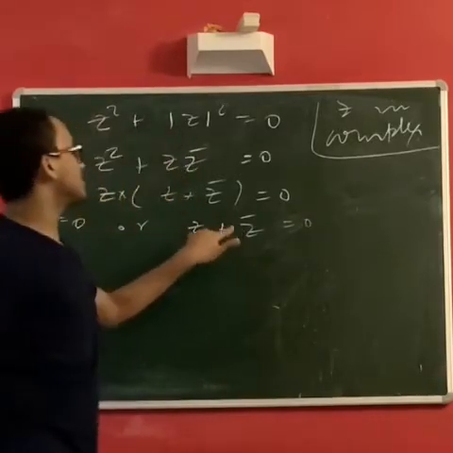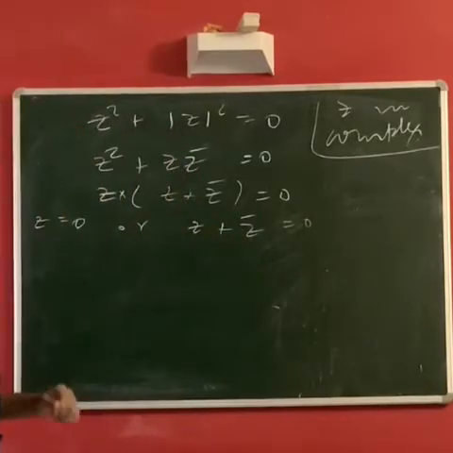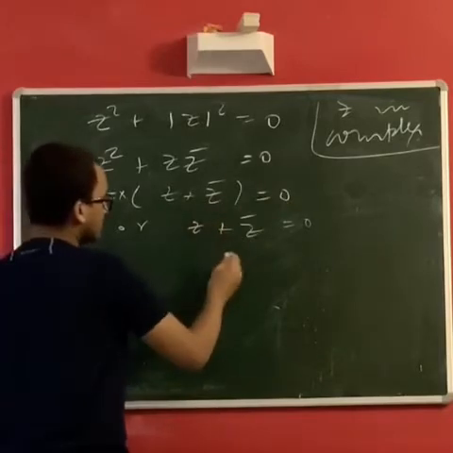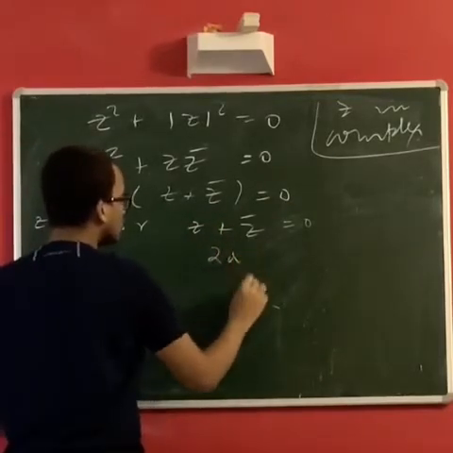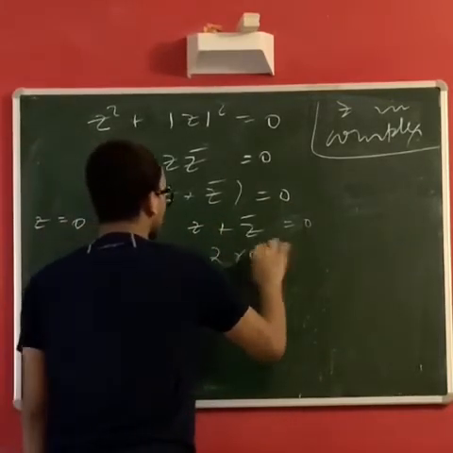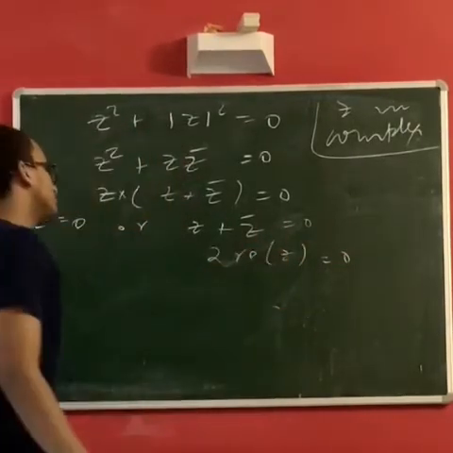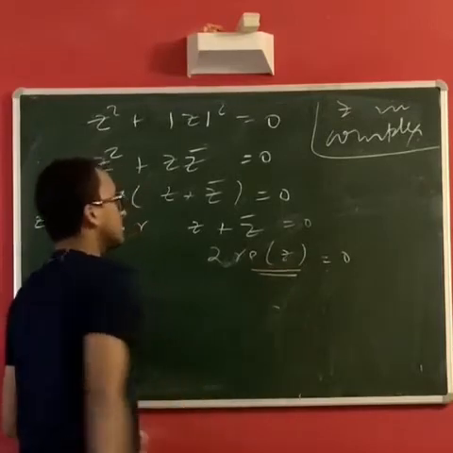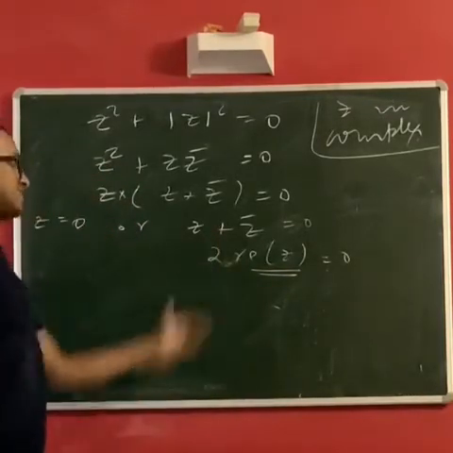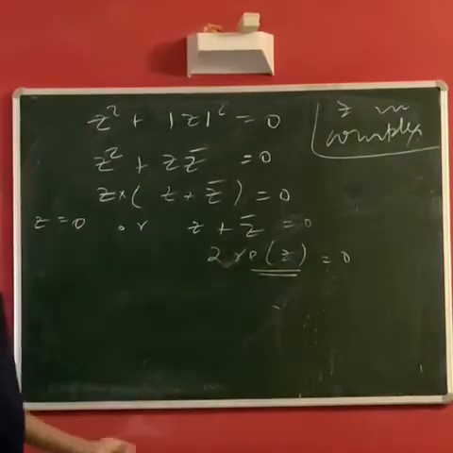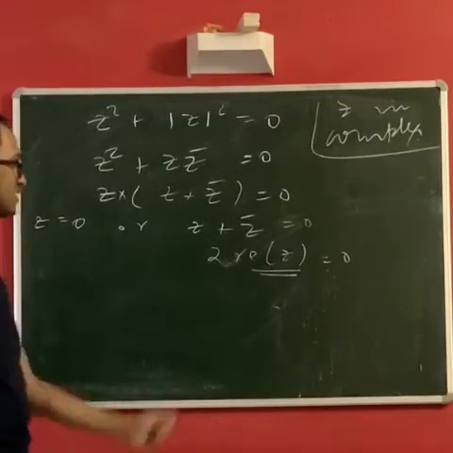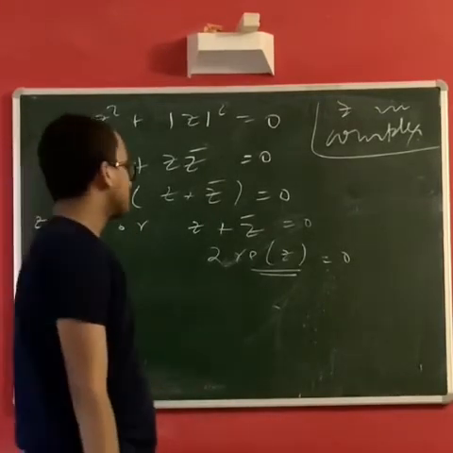But we already learned something about z plus z bar, that it's a real number. So if z is a plus ib, then this is 2a, that is 2 times real of z. So if 2 real of z is 0, then real of z is 0. If real of z is 0, which means it doesn't have a real part, it only has an imaginary part, then either z is 0 or it's a purely imaginary number.